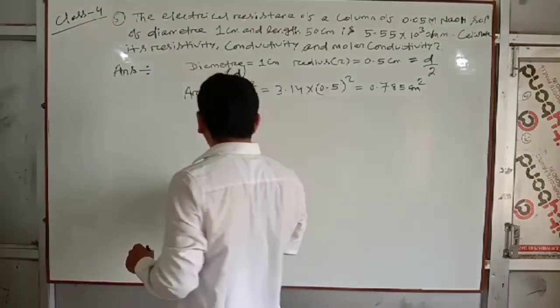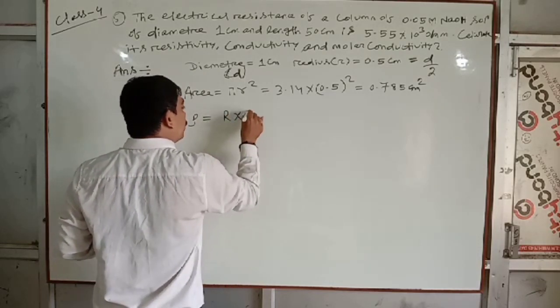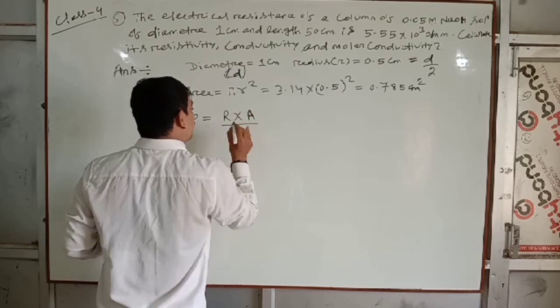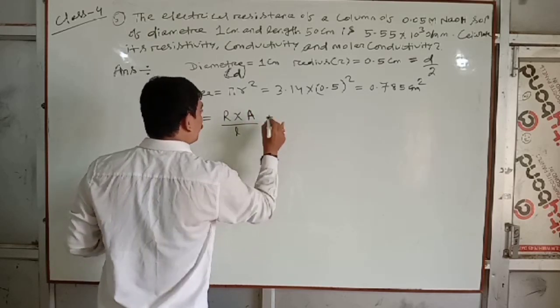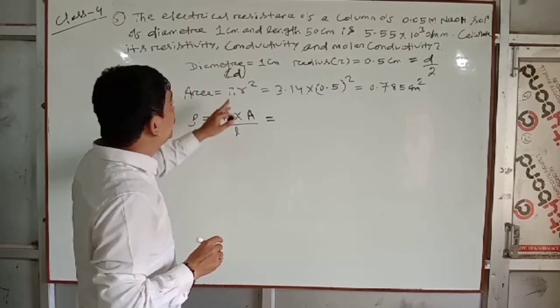Next, resistivity. Rho equal to R into A by L. Resistivity equal to R A by L. R is given how much?